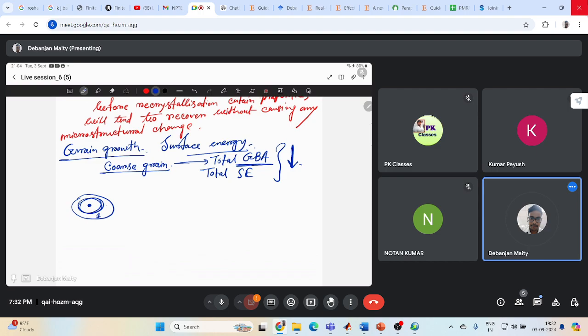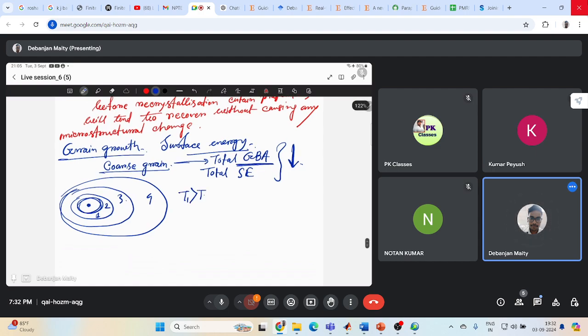Let's say this is region 2. This will be at much higher temperature compared to region 3 and region 4. This is correct, right? So those regions in the heat affected zone will stay above the effective recrystallization temperature for more time.